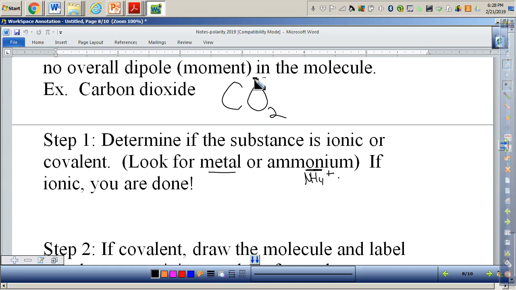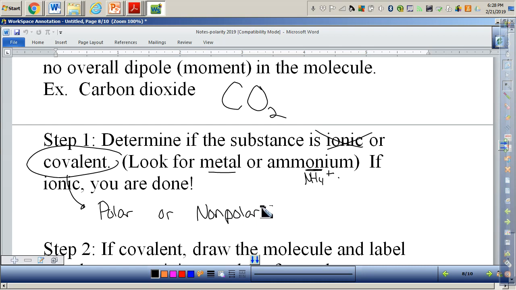Carbon dioxide does not, so therefore carbon dioxide is some sort of covalent compound. What type is it? It's either going to be polar covalent or nonpolar covalent. Polar ionic does not exist. Nonpolar ionic does not exist. Be careful with that.